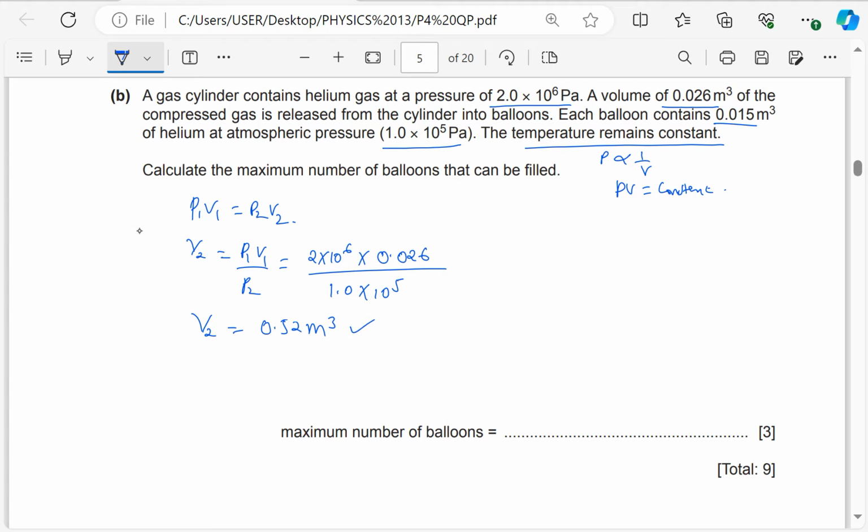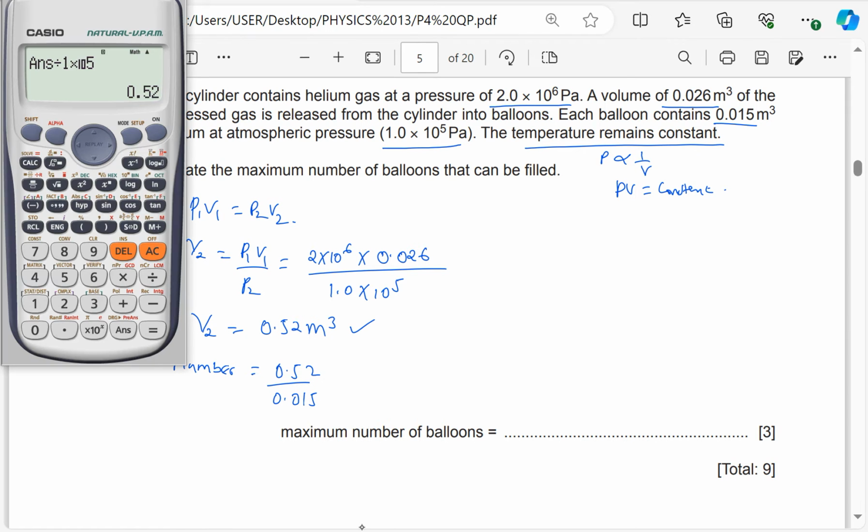This is the volume which is released into the balloons. But each balloon takes a volume of 0.015 meters cubed. So the number of balloons is going to be 0.52 divided by 0.015, so this is going to be 34.6.